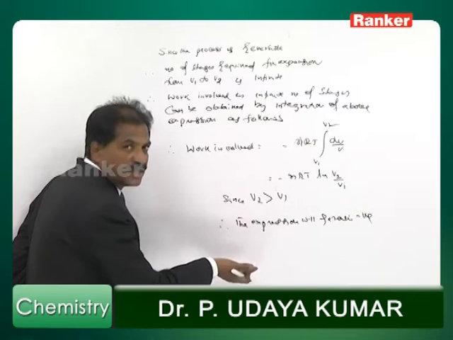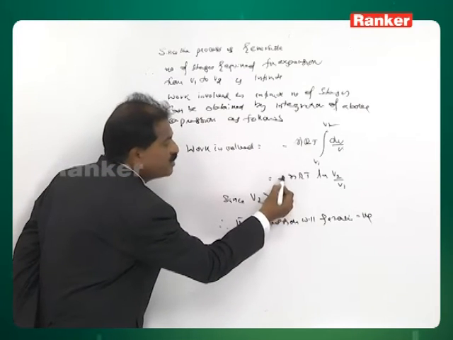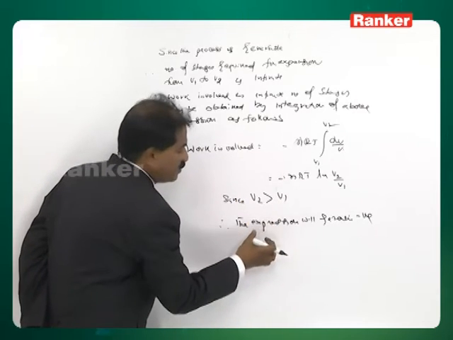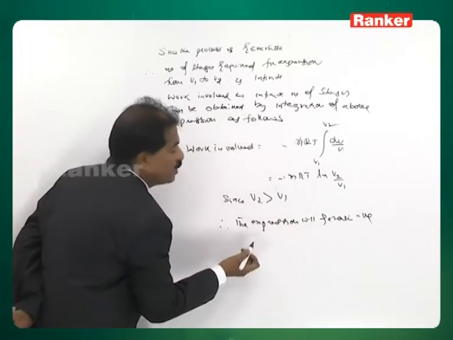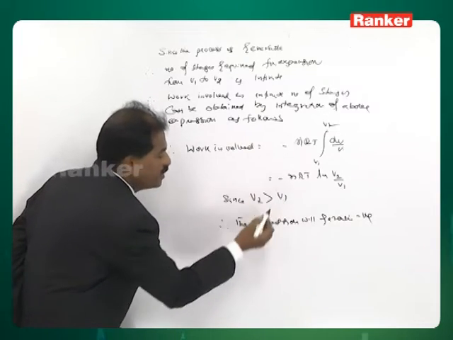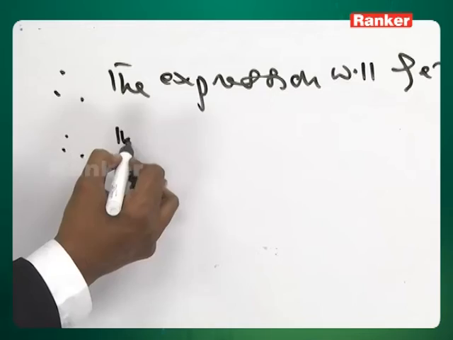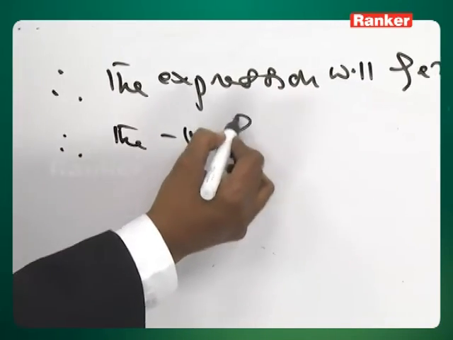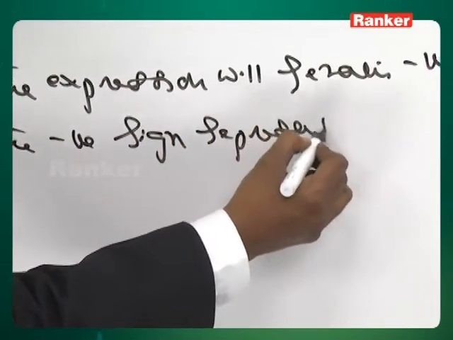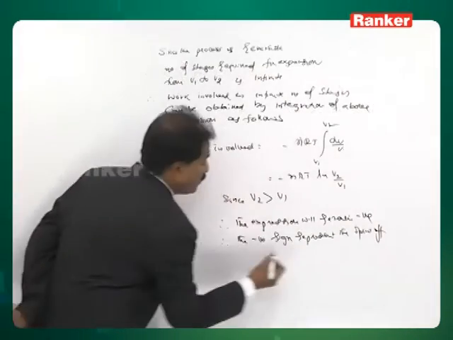When the internal energy decreases, to represent the decrease of internal energy, we will always use the negative sign. Therefore, if the expression remains negative, that shows the energy is being spent off by the gas. Therefore, the negative sign represents the spent off energy.